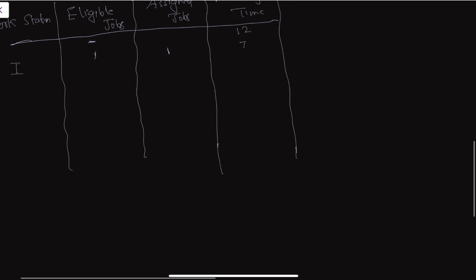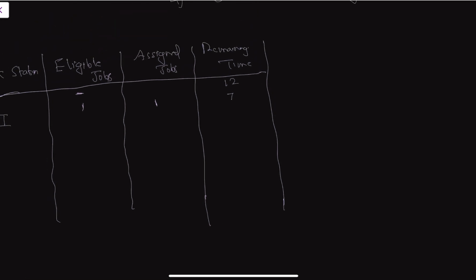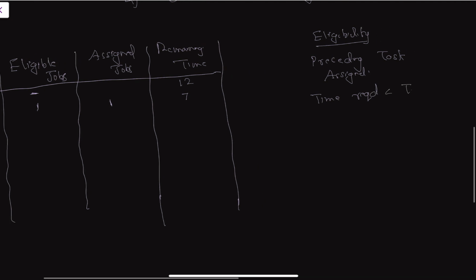For finding the eligible jobs, eligibility is based upon two things: preceding task assigned, and time required is less than or equal to time remaining. So these are the eligibility criteria.